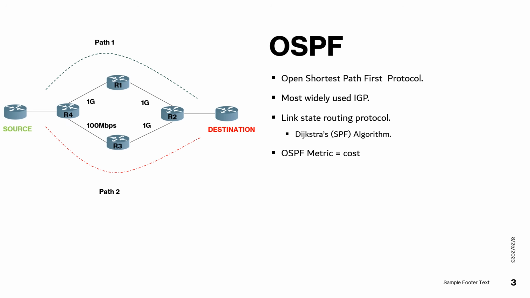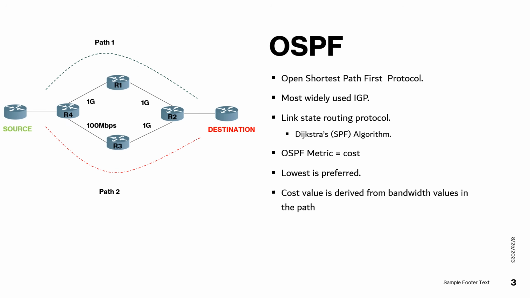If you see, there are two paths available from a source to a destination: path 1 through router R1 and path 2 through router R3. A routing protocol should be able to identify which path is the best path. This is where the metric comes into the picture. Routing protocols choose the best route to reach a subnet by choosing the route with the lowest metric. Every protocol uses its own metric, but OSPF calculates the shortest path to a network by analyzing the cost of the route. As I said, the OSPF metric is equal to cost.